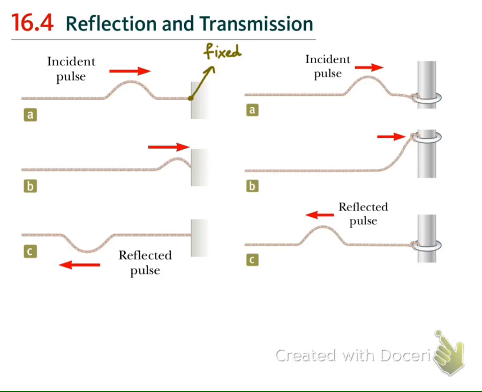Okay, and once the pulse approaches the wall, we will have the reflection of the wave away from the wall. Now, from the experiment, we will have that the reflected pulse will, we say, be out of phase with the incident pulse.